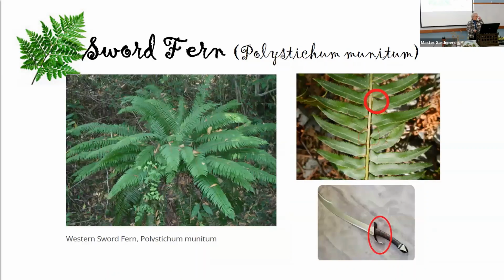All right, sword fern. Really easy to identify. I don't know if the pictures do it justice or not, but they have this little lobular thing at the base of the stem that resembles the protective thing on a sword. I remember as a kid, I grew up in Northern California, and sword fern is very prevalent there too.